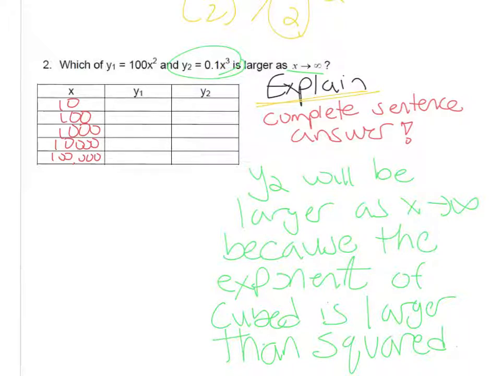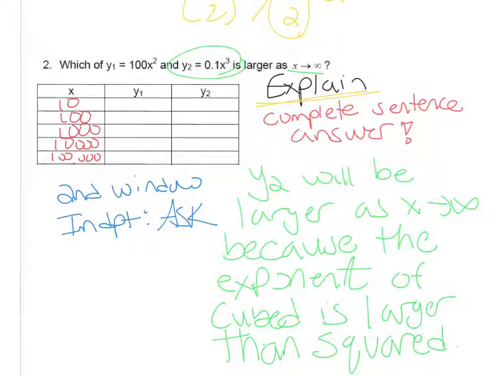And to look for these really large values of x, there's a neat trick we can do in our calculator. If you hit the second button and then window, change the independent, where it says independent, highlight and hit enter on ask.